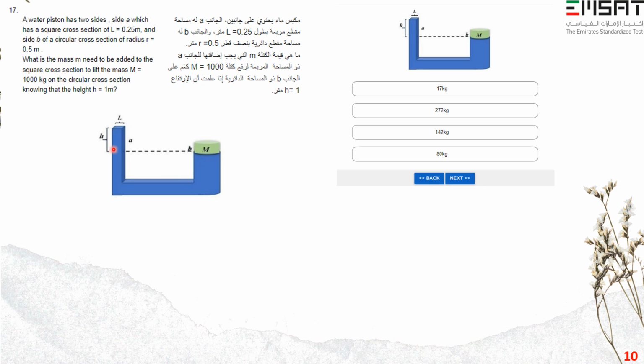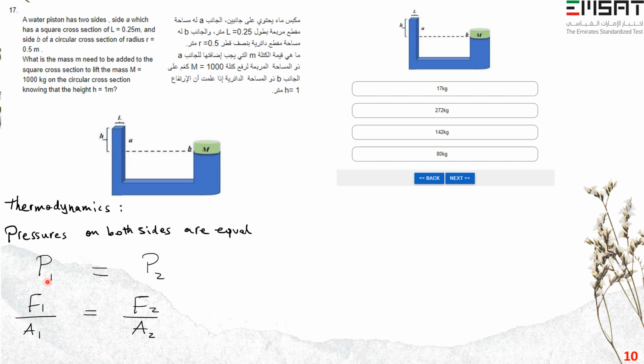Using the thermodynamic equation, you should know that because both sides are on the same level, the pressure P1 on this side is equal to the pressure on the other side. And you already know that the pressure is equal to the force divided by the area. So F1 over A1, for the first side, equals F2 over A2 for the second side.